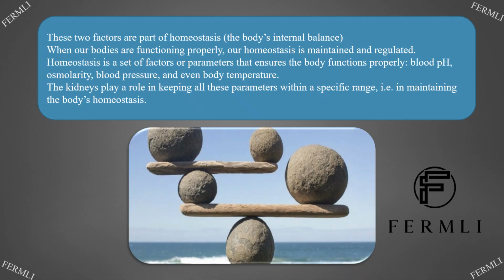When our bodies are functioning properly, our homeostasis is maintained and regulated. Homeostasis is a set of factors or parameters that ensures the body functions properly: blood pH, osmolarity, blood pressure, and even body temperature. The kidneys play a role in keeping all these parameters within a specific range, i.e., in maintaining the body's homeostasis.